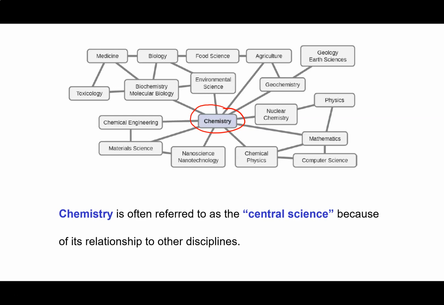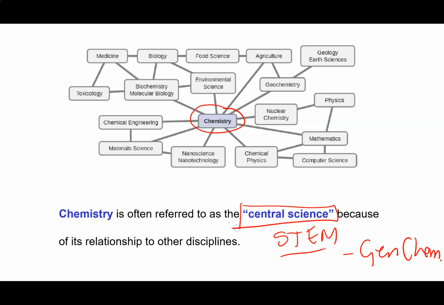It's important in a lot of other scientific disciplines, and it's why almost all STEM majors have to take general chemistry, because it's a key concept. Chemistry, physics, and mathematics are sort of the foundations of science. So you'll hear people sometimes describe chemistry as being the central science for this reason.